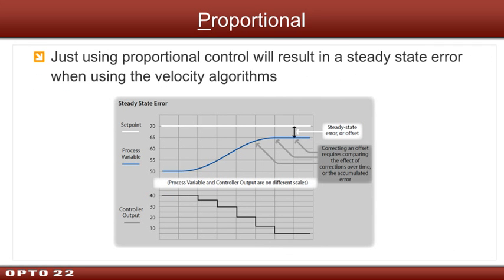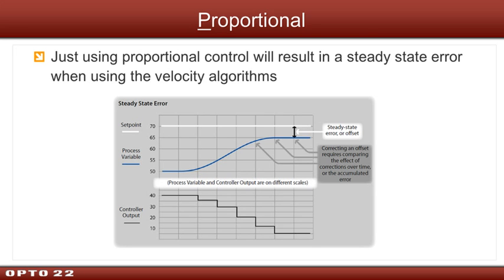If we just use proportional control alone, what's going to happen is we're going to end up with a steady state error when we're using the velocity algorithms. If we go back and look at those algorithms, remember, it only calculates the difference between the process variable and the set point.